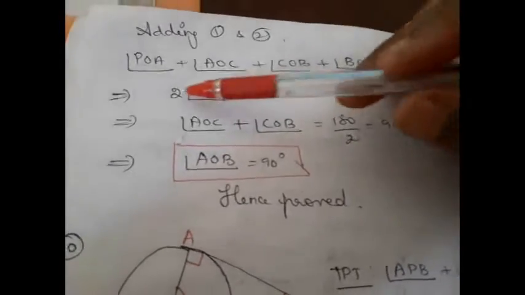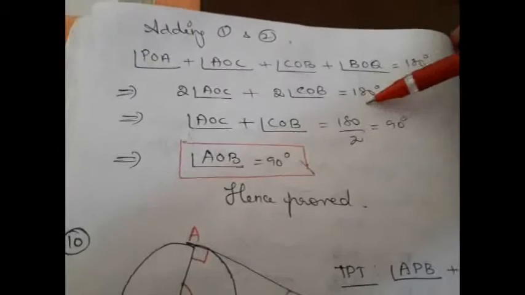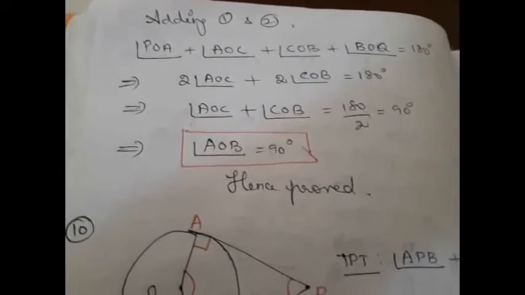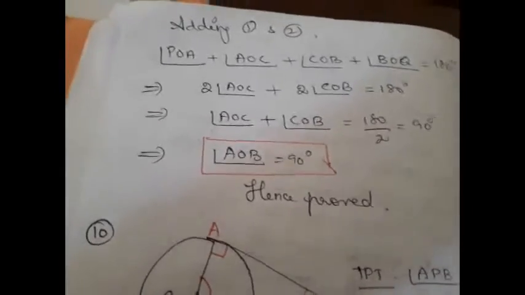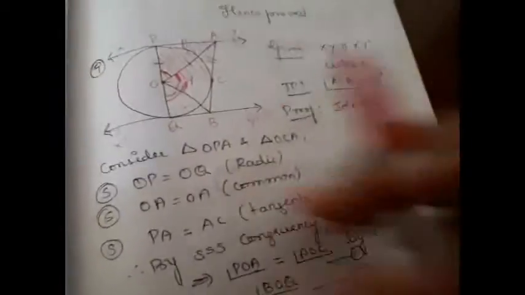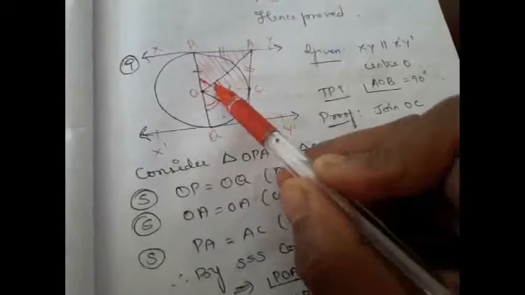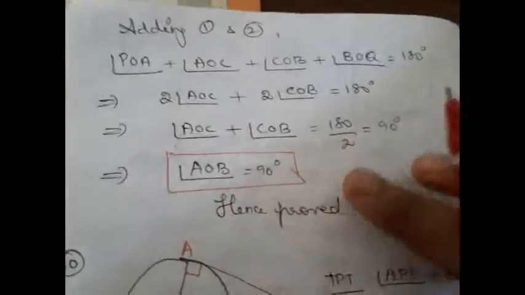If I take 2 common and bring it to the other side, it comes to the denominator, so it has become 90 degrees. So what is AOC plus COB? This angle plus this angle is nothing but AOB. So we proved angle AOB is equal to 90 degrees.